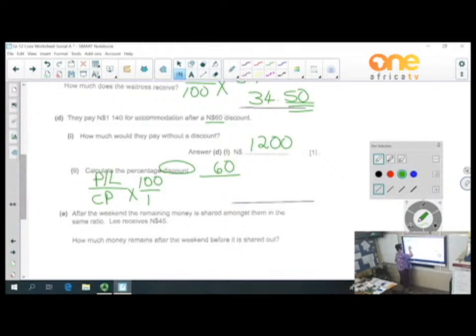That is when what you pay after the reduction, so you calculated it on this one. So over 1,200, and to find percentage, we times with 100 over 1. What is the answer? I got 5.26. No. You're right. It is 5%.